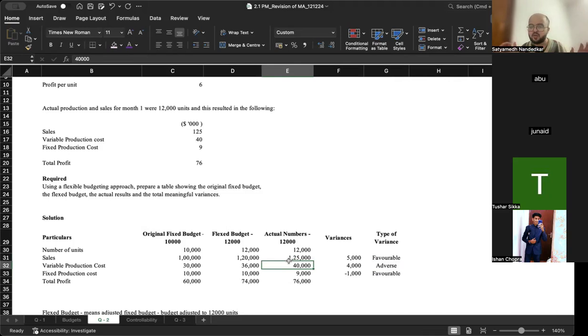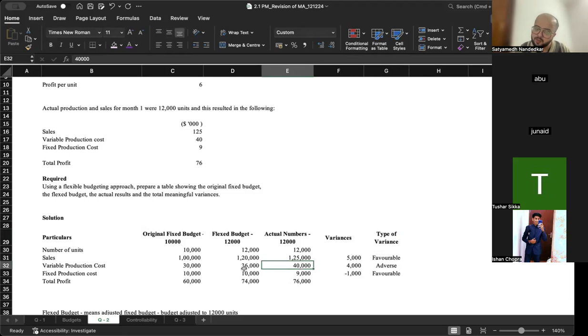The budget given to you was make a sale, and the sale value should be 120, but you actually ended up achieving a sale of 1,25,000. So if you have achieved a sale of 1,25,000, you have done better than what was expected out of you. So it is a favorable variance.